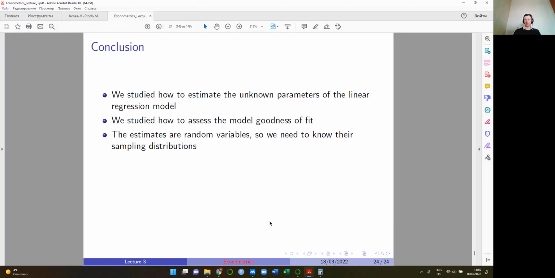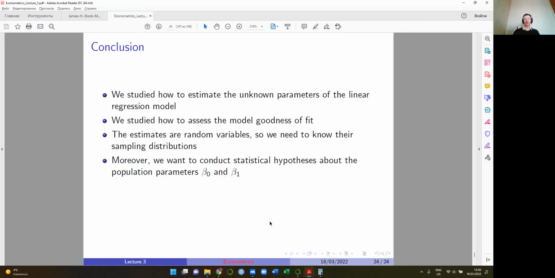What was very important, and thanks for raising this question, is that the estimates are random variables, and we need to know their sampling distributions. Always, when you're working with something random, you must ask about the distribution. And we want to test statistical hypotheses about the population parameters beta 0 and beta 1. That's what we will do in the next lecture in 2 weeks.